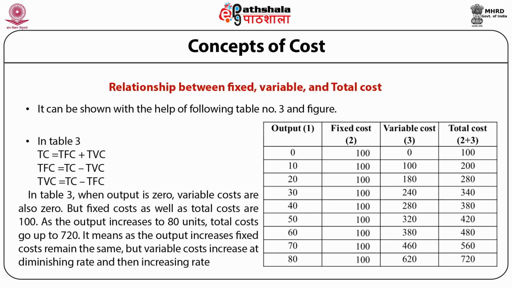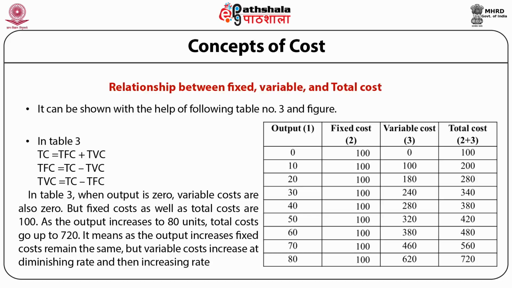In the table, TC is equal to TFC plus TVC. Here, TC means total cost, TFC means total fixed cost and TVC means total variable cost. The second equation is TFC is equal to TC minus TVC. Here, TFC means total fixed cost, TC means total cost and TVC means total variable cost.